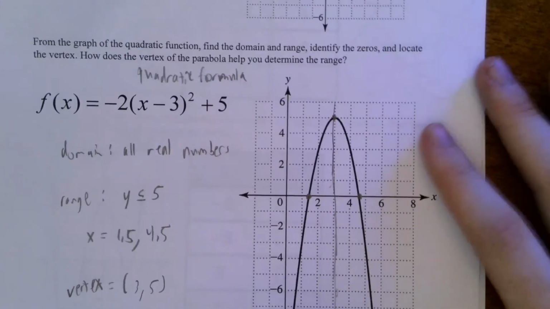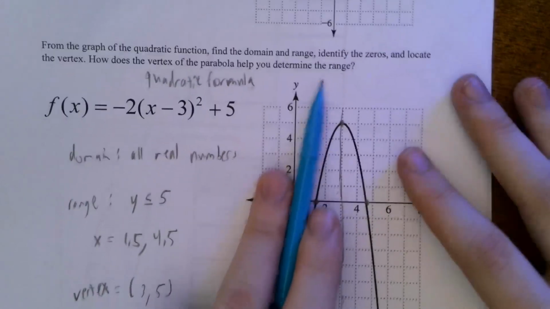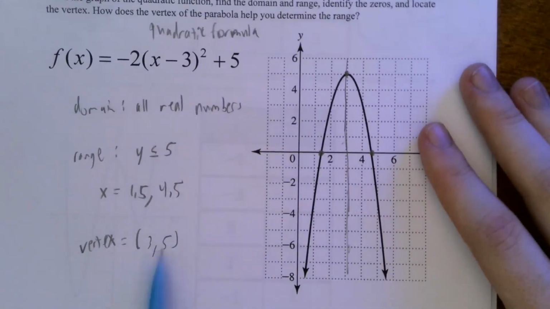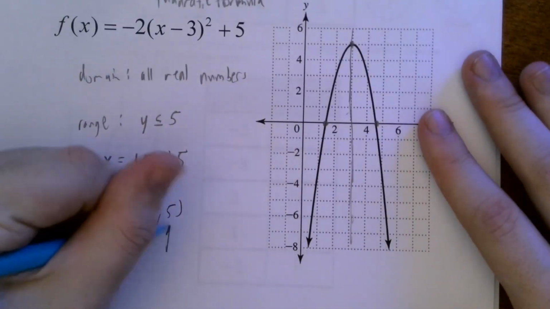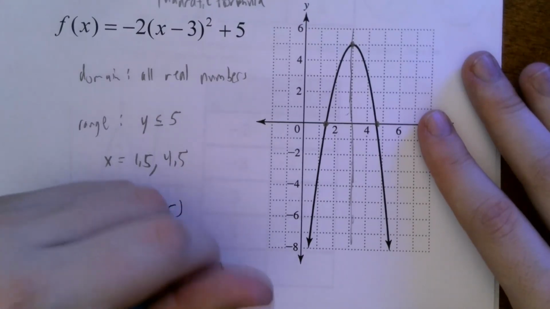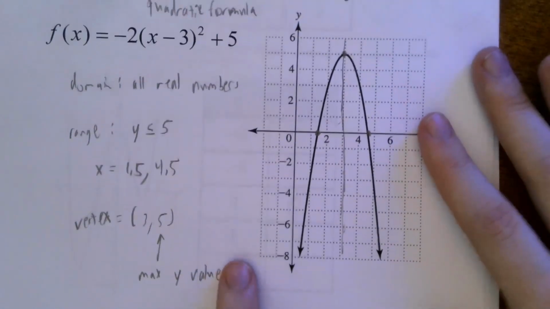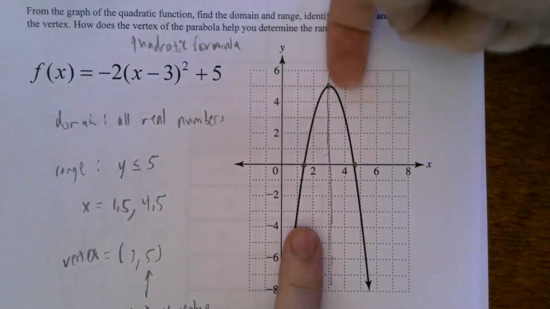All right. So how does the vertex of the parabola help you determine the range? Well, it's the y value, right, because we're looking at ranges. It's your maximum, or your biggest, y value in this case, because the parabola is going down, right?